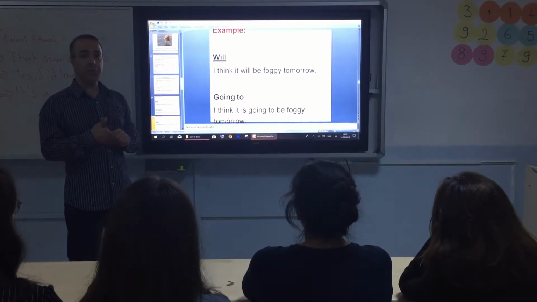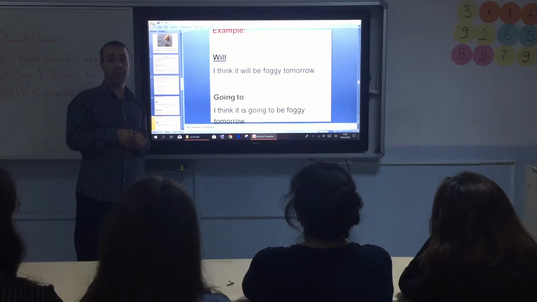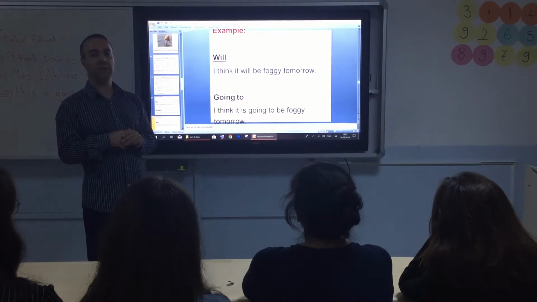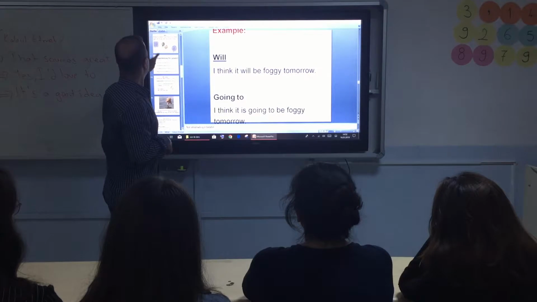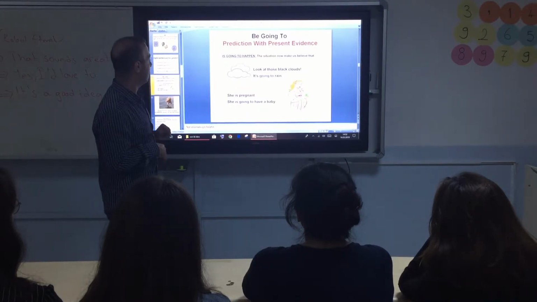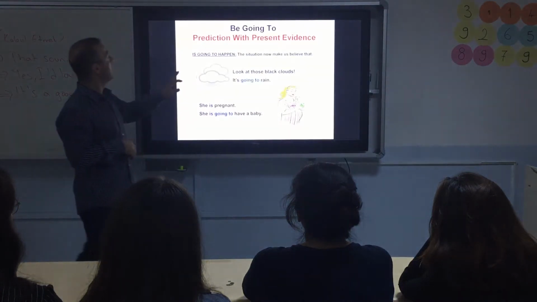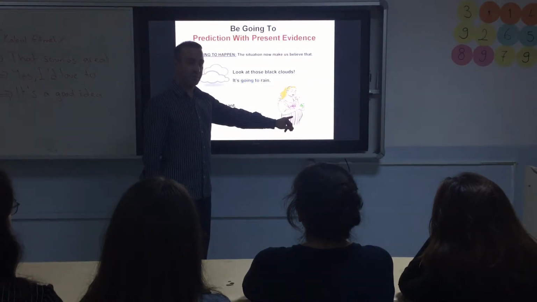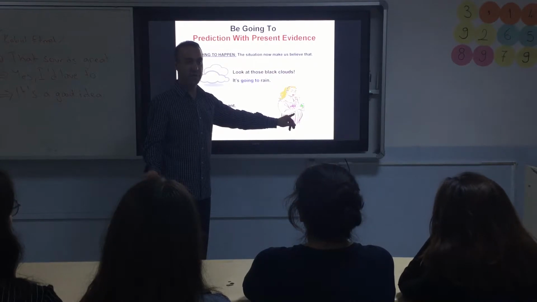We use going to for prediction in the near future. The speaker is sure because there are signs about it. Now, she is pregnant, so you can understand she is going to have a baby. Is it clear?